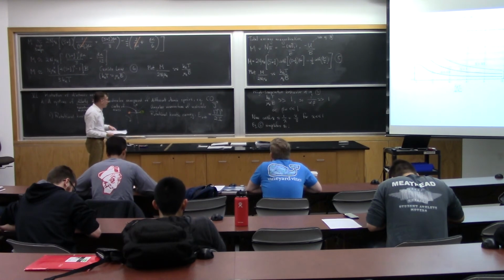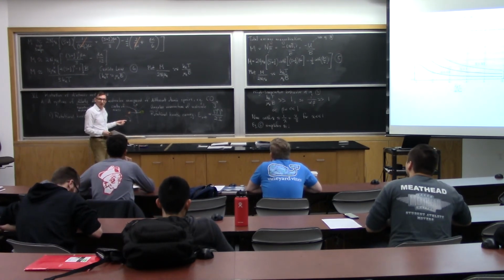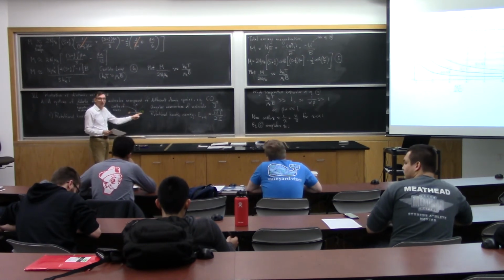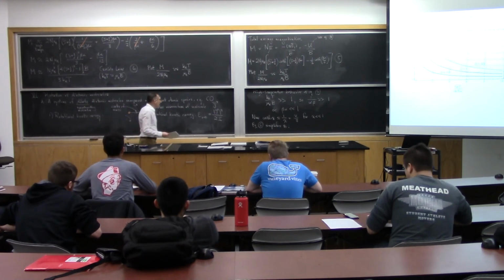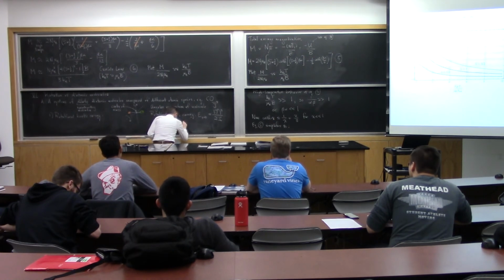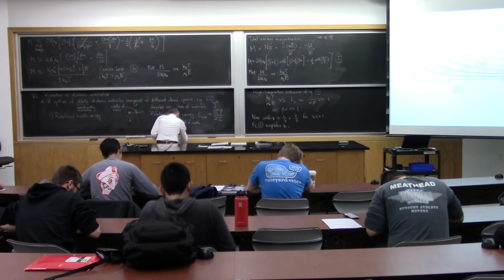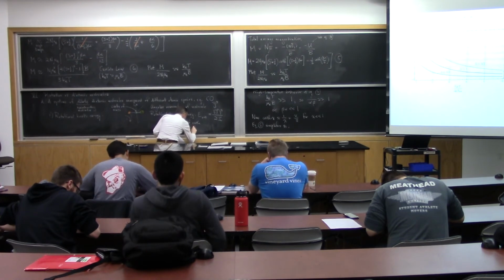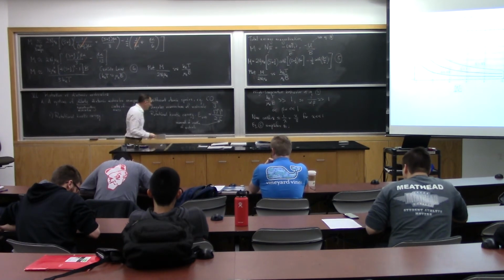And I'm assuming the moment of inertia is the same about these two axes, because they both pass through the center of mass, and they're both perpendicular to the bond. Okay? Now, where did this come from? Let me make sure everybody understands that I is the moment of inertia of the molecule. Okay? Where did that come from?